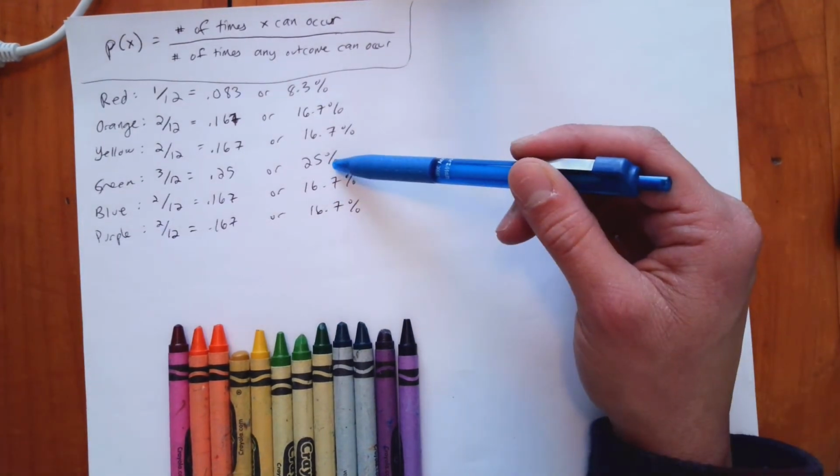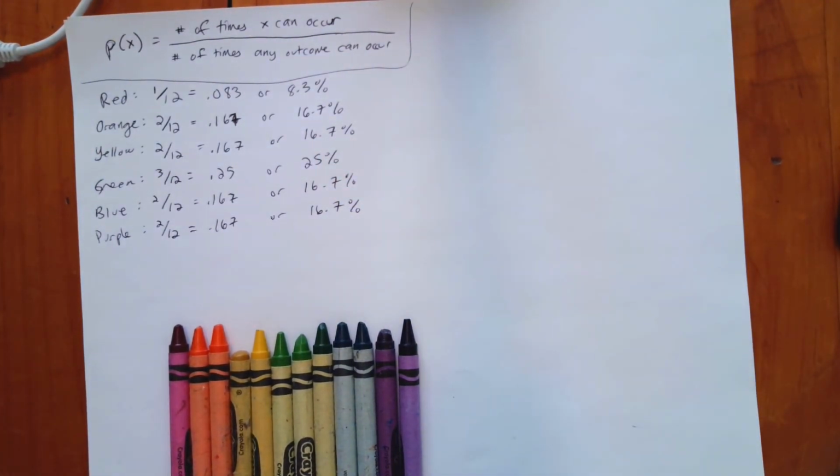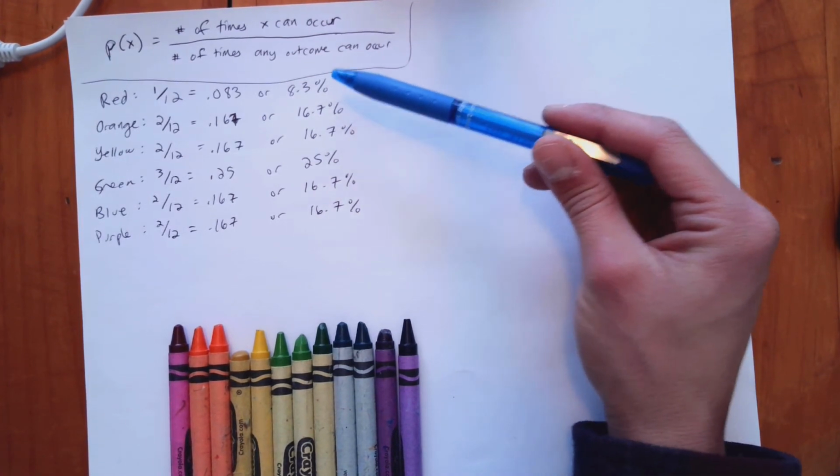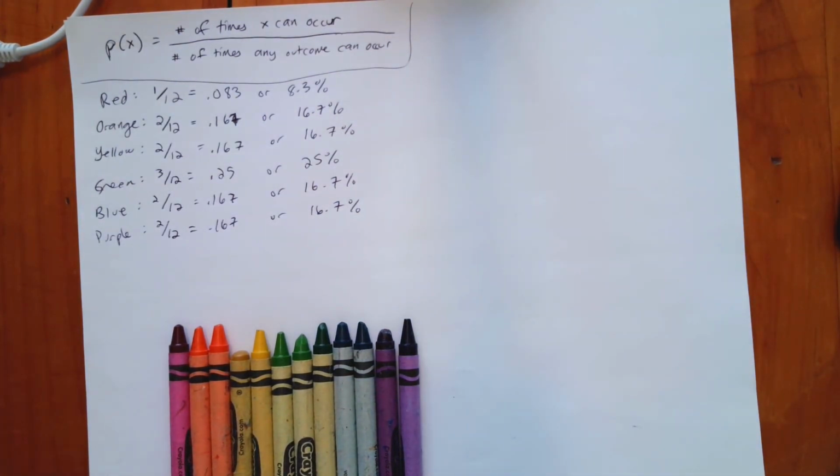So our most likely outcome here is green, and you should be able to see that pretty easily by seeing that we have more green crayons than anything else. Our least likely outcome is red at 8.3%, and what you can see here is that we only have 1 red crayon, so it's our least represented outcome among all the possible outcomes.